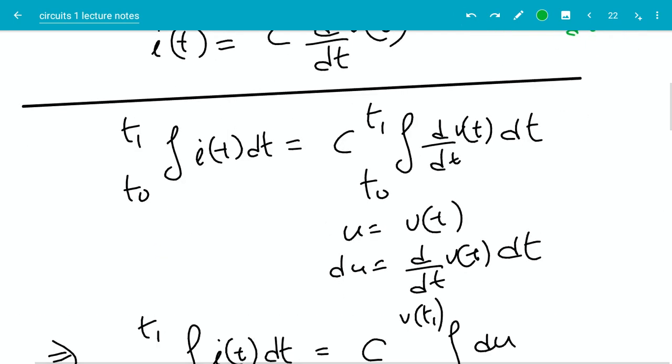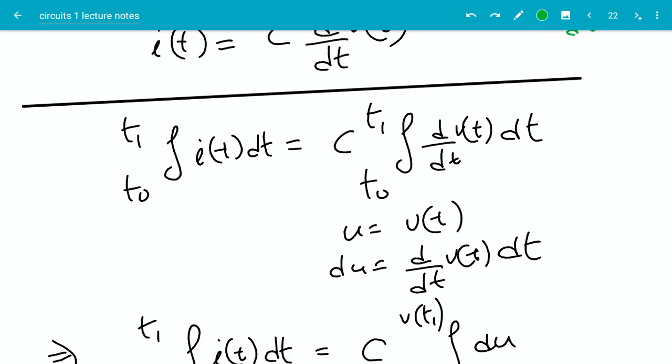On the right hand side, you have the integral of the derivative of the voltage with respect to t. Then I make the substitution u equals v(t), and the differential du equals the derivative of the voltage times dt. This is how we define differentials.